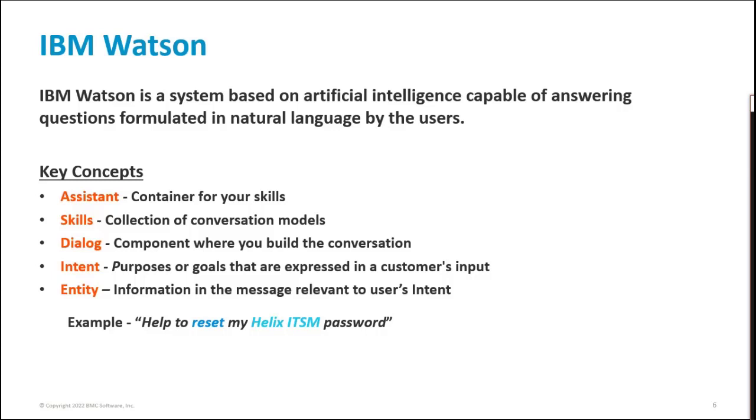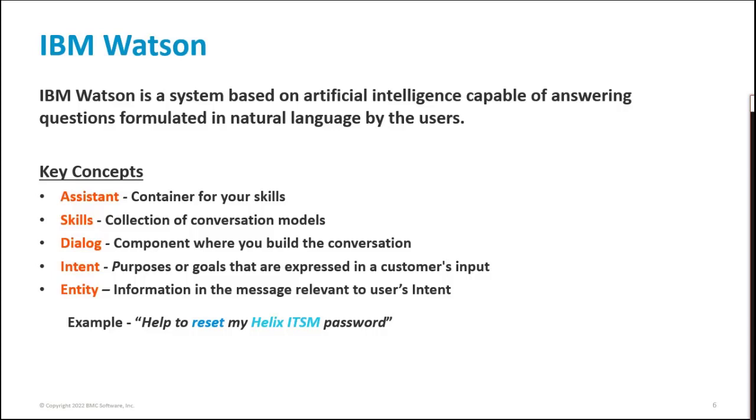By recognizing the intent, the assistant can choose the correct skill flow to respond to the message. When creating an intent, its name always starts with the hash character. Entity represents information in the user message that is relevant to the user's purpose or intent. When creating an entity, its name always starts with the at character.